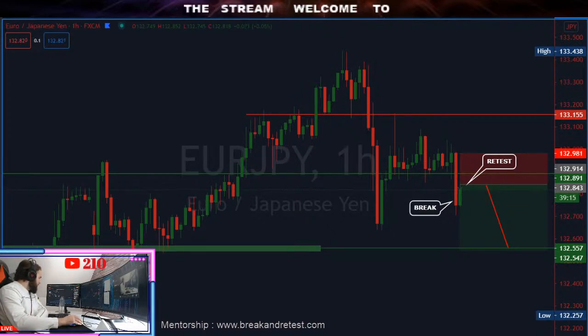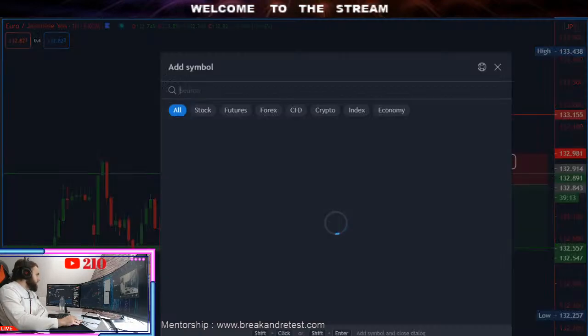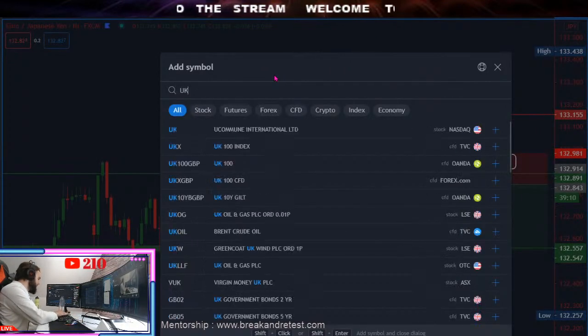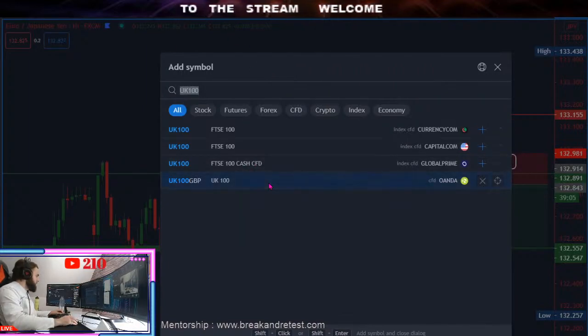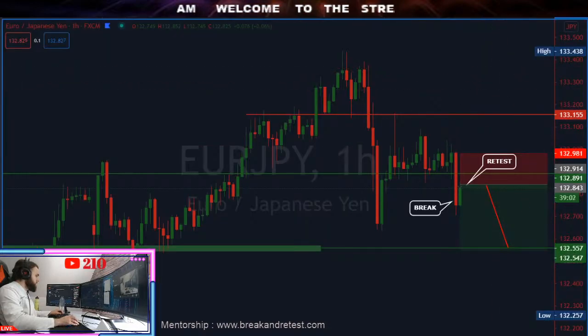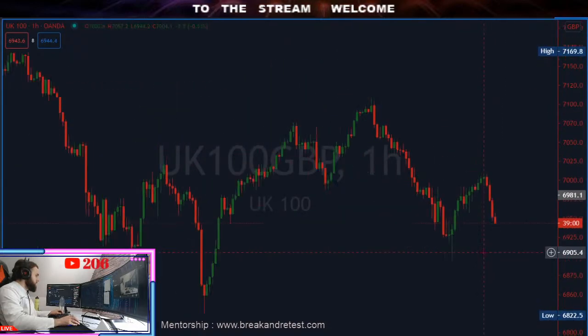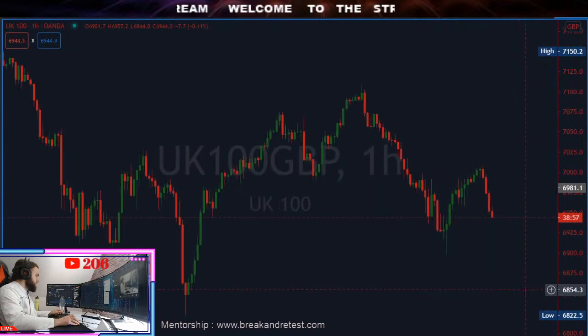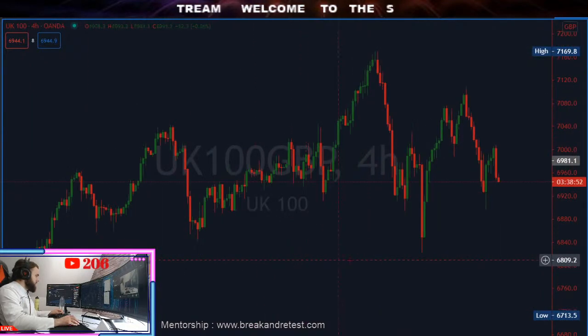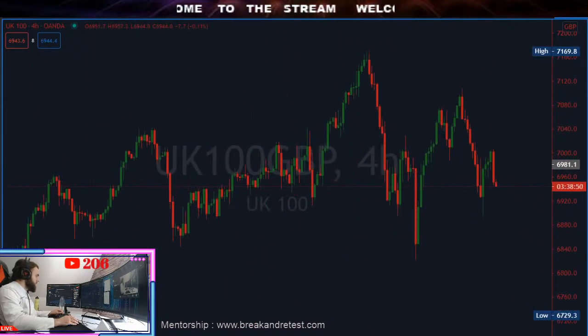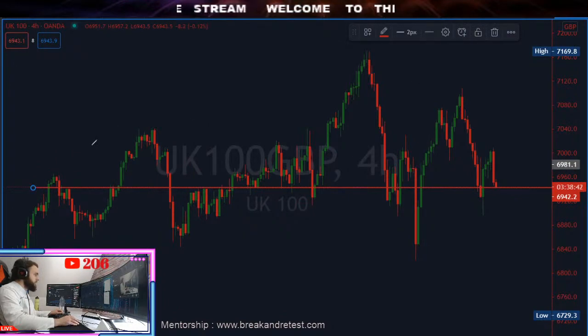Would you be able to look at UK 100? Why would you trade that, man? I'll take a look, why not? Well, I don't really see anything here. There's just a lot of zones. Looks like it's at support right now, based on some of the rejections on the left here.